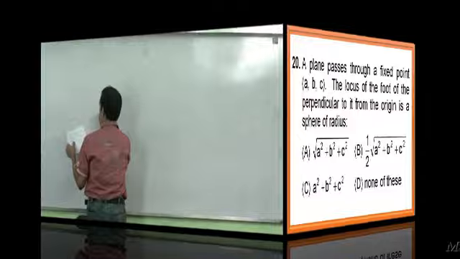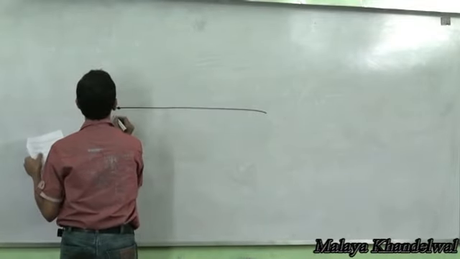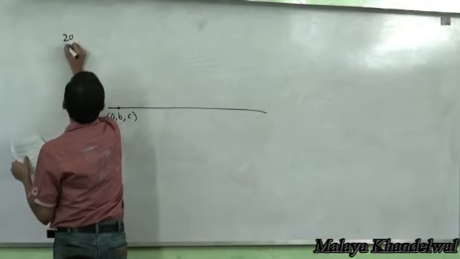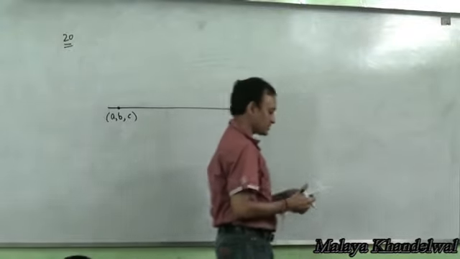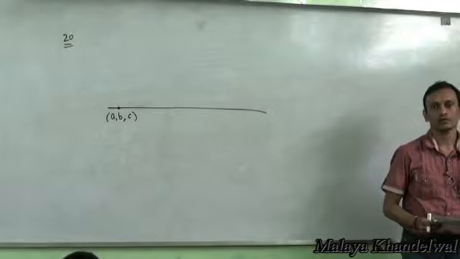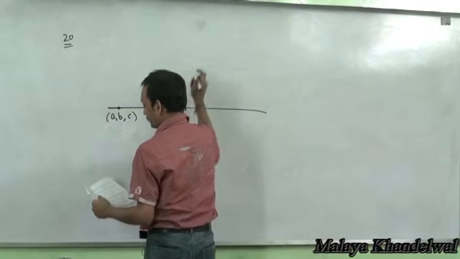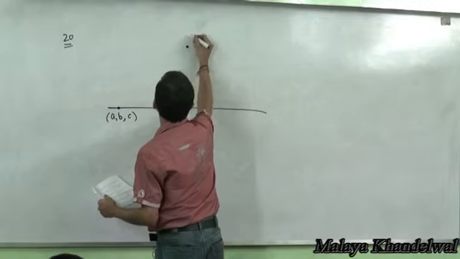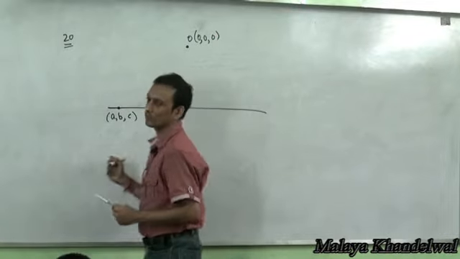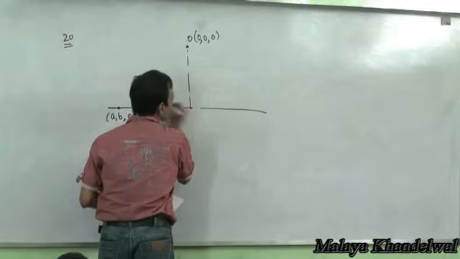Now we have a variable plane that passes through a fixed point A, B and C. Next problem, problem 20. A variable plane passing through a fixed point A, B and C. The locus of the foot of the perpendicular from the origin, this is the origin, this is one sample plane.